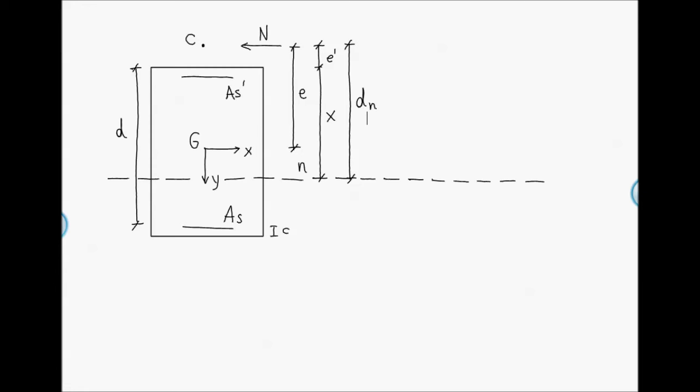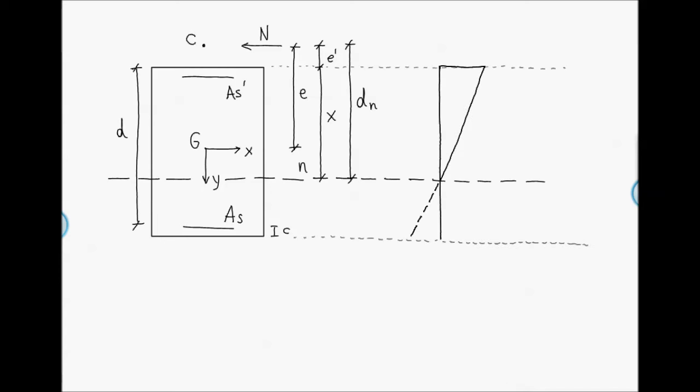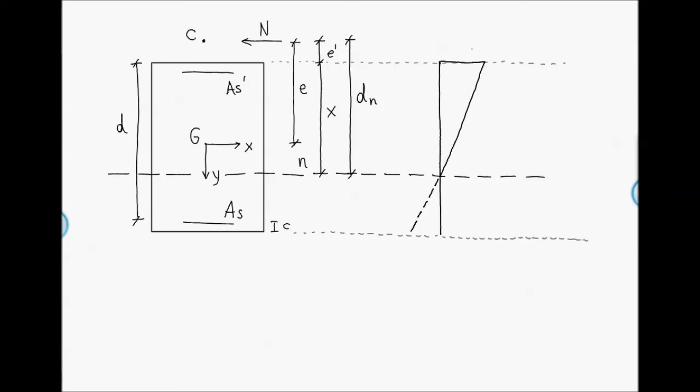And we have also indicated with e prime the distance between n and the most compressed fiber of the cross-section. c is the concrete cover, and d is the distance between the tensile reinforcement and the most compressed fiber of the cross-section, as usual. We consider this stress diagram, in which we have sigma c, the stresses of the concrete in compression.